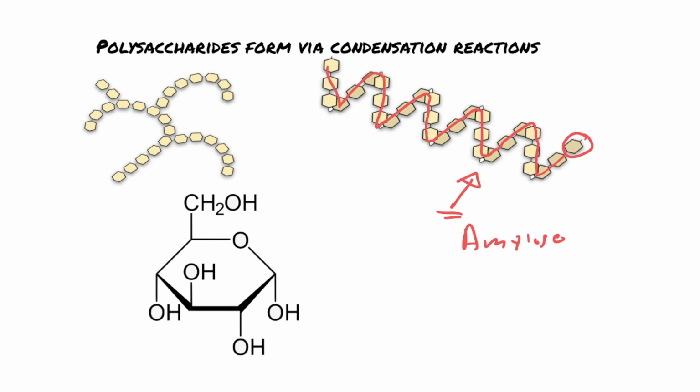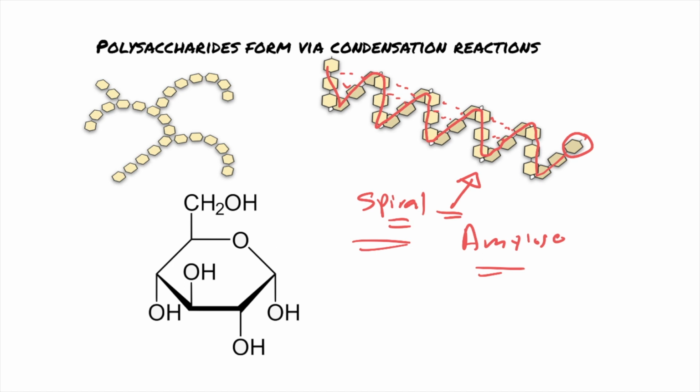Nonetheless, all of those glucoses are attached to each other in the same way. So it's nothing but glucoses attached in a linear form. But due to the presence of hydrogen bonds, once again, the OH and H between glucoses, the molecule of amylose forms what we call a spiral shaped long polysaccharide.